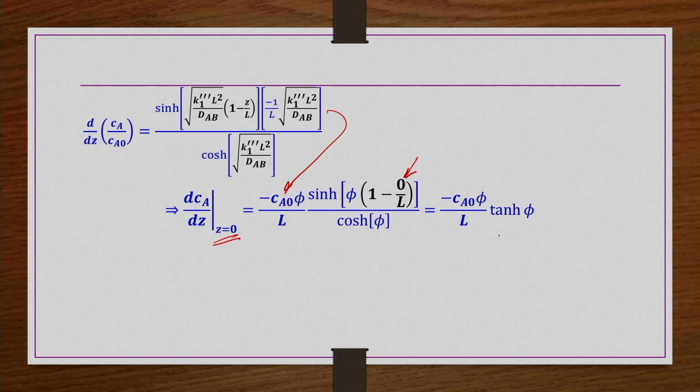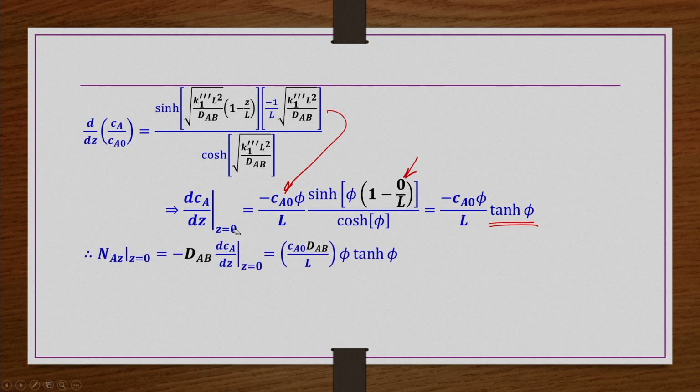Sin hyperbolic of phi divided by cos hyperbolic of phi is tan hyperbolic of phi. If you multiply both sides by minus DAB, you will get the flux, because NAz is equal to minus DAB dCA by dz at z equals 0, which is equal to Ca naught DAB by L times phi tan hyperbolic phi.